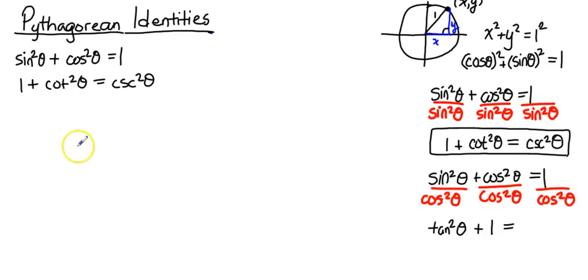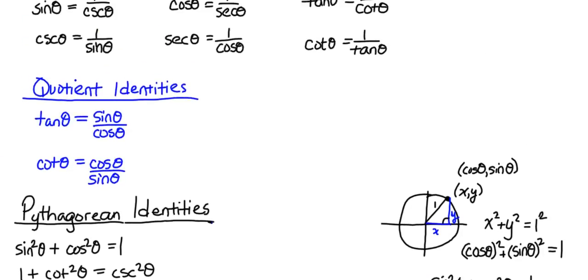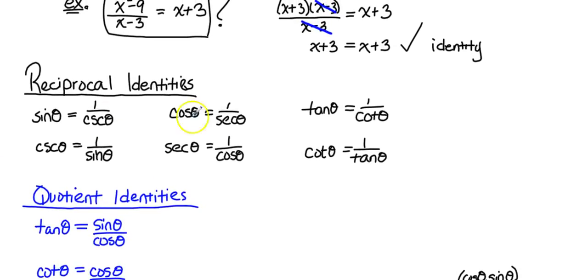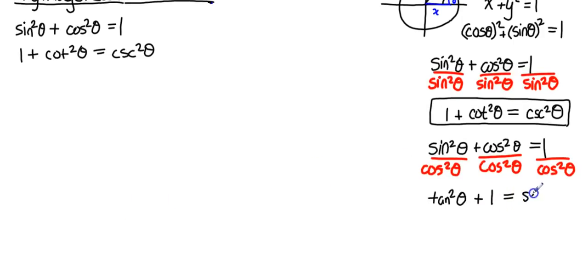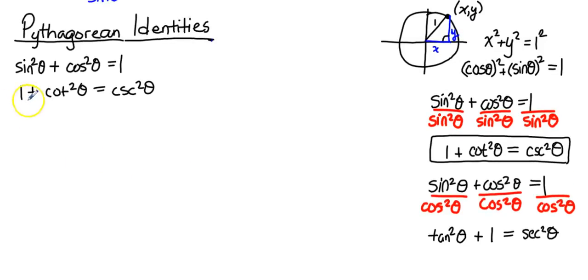And then 1 divided by cosine, I will either remember is secant, or I will study so that I know this without hesitation. So this equals secant squared. So our third and final Pythagorean identity is tangent squared of theta plus 1 equals secant squared.